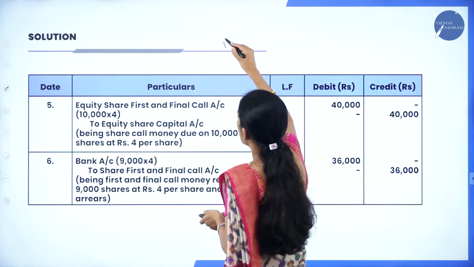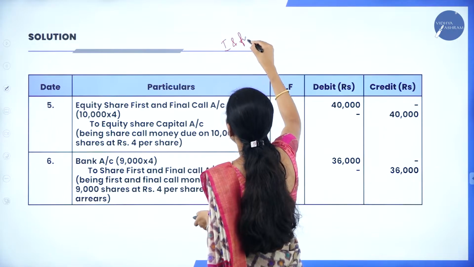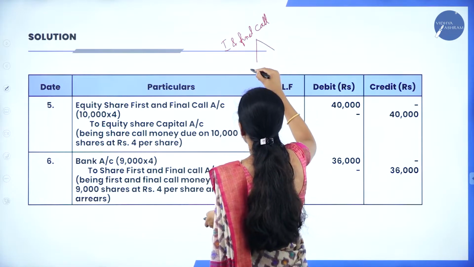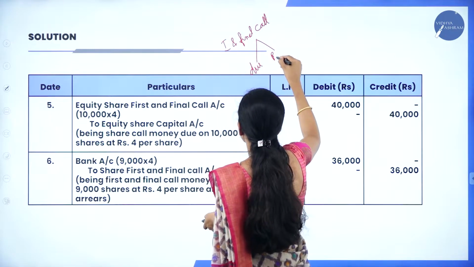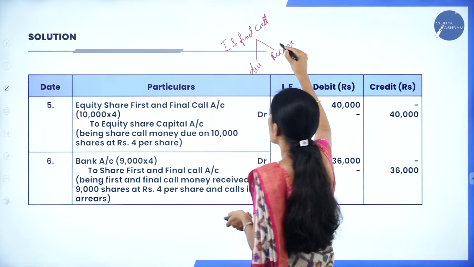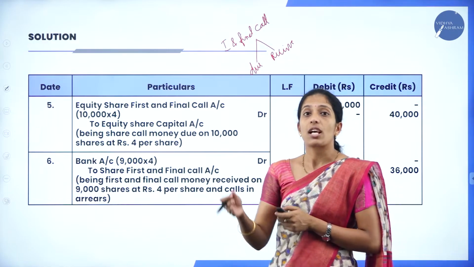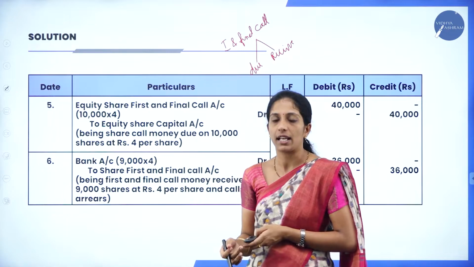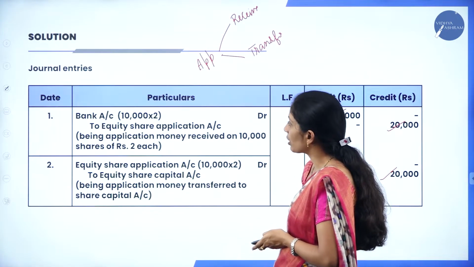Now come to the next stage, that is first and final call, where here also you have to record 2 entries. One is due, the other is received. Now what is the due entry? Equity share first and final call account debit to equity share capital account. Now what is the amount on call?